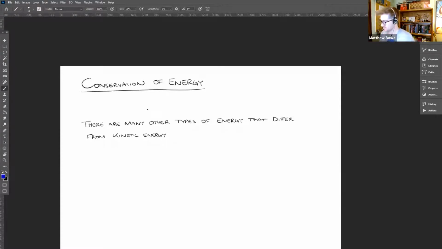So conservation of energy says that the total energy of a system and its surroundings does not change.